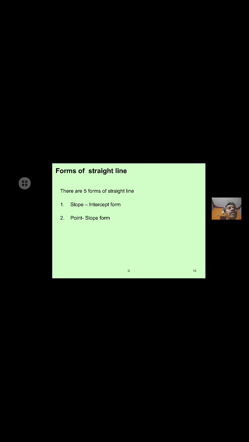Second one is the point slope form. Third, two-point form. Fourth, intercept form. Fifth, general form. So an equation can be expressed in these forms. According to the available data, we can choose any of these 5 forms.